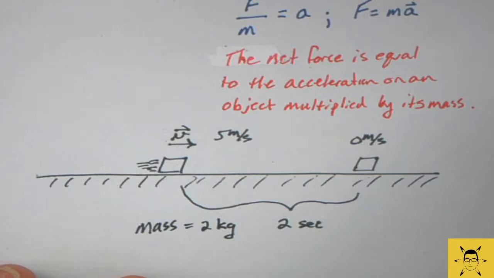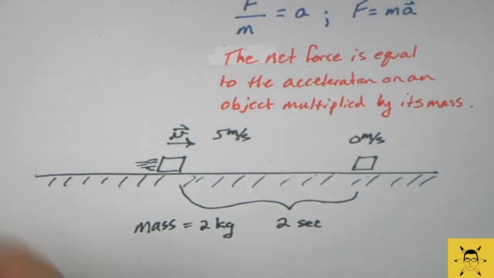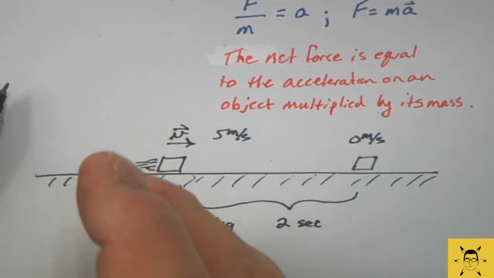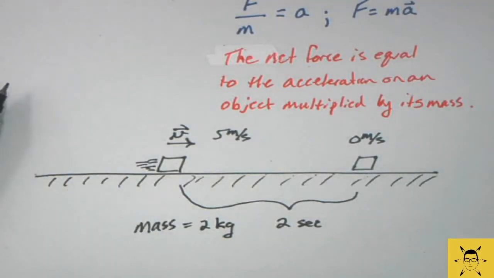You with me so far? So it's going to be something roughly like this. It's moving at 5 meters per second, and we want to figure out what force we need to get this to stop over 2 seconds.